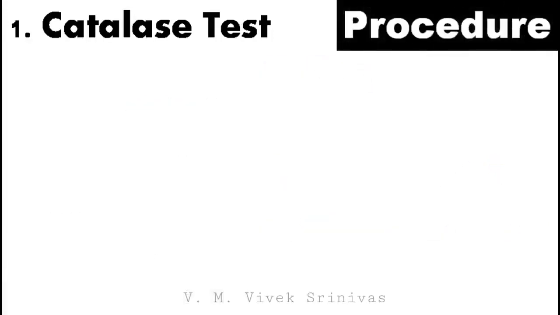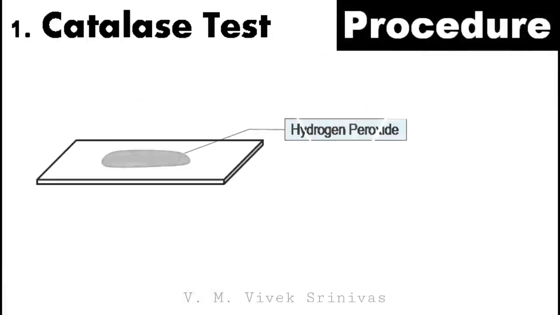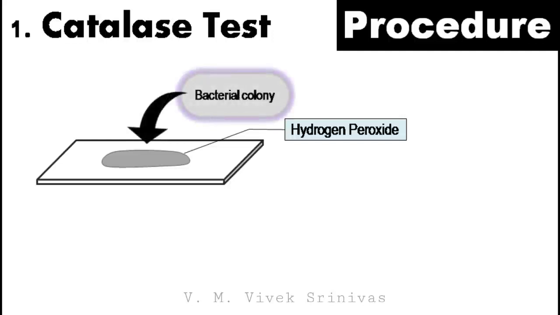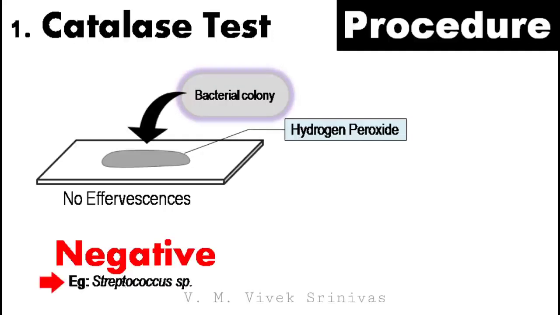The procedure: take a glass slide. Place 0.5 ml of hydrogen peroxide over the slide. Then, emulsify the bacterial colony in the hydrogen peroxide. If no bubbles or effervescence are observed, the test is negative. For example, the Streptococcus bacterial organism is negative for the catalase test.